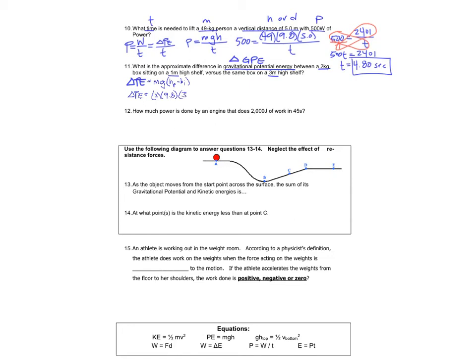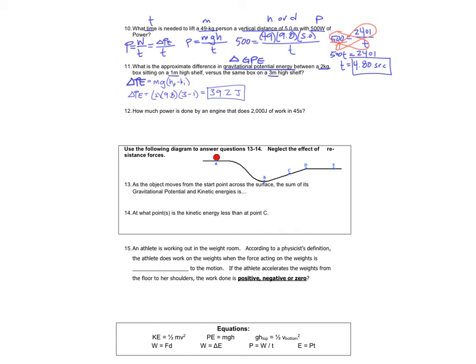Final height is 3, initial height was 1. When I subtract 1 from 3, I get 2 times 9.8 times 2 gives me a change of 39.2 joules. So the difference in gravitational potential energy between those two shelves is 39.2 joules.